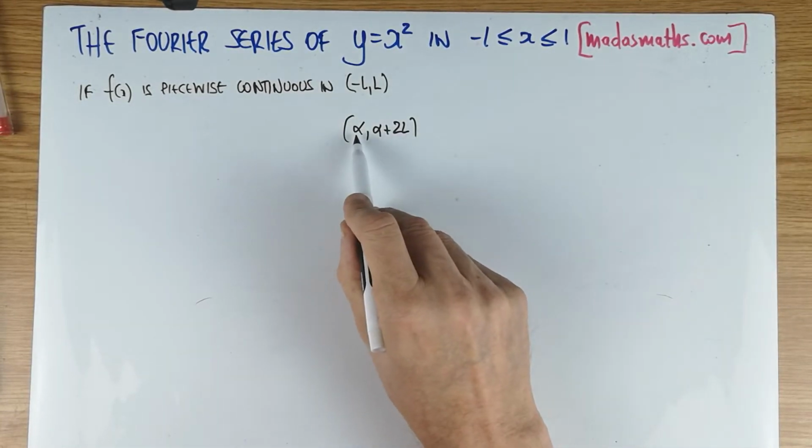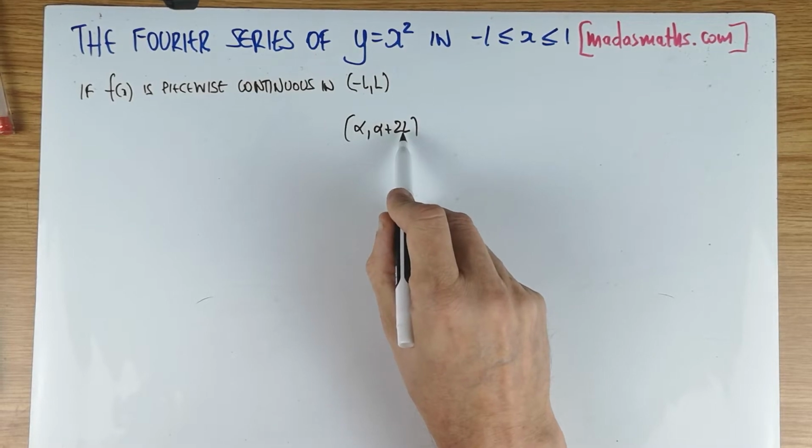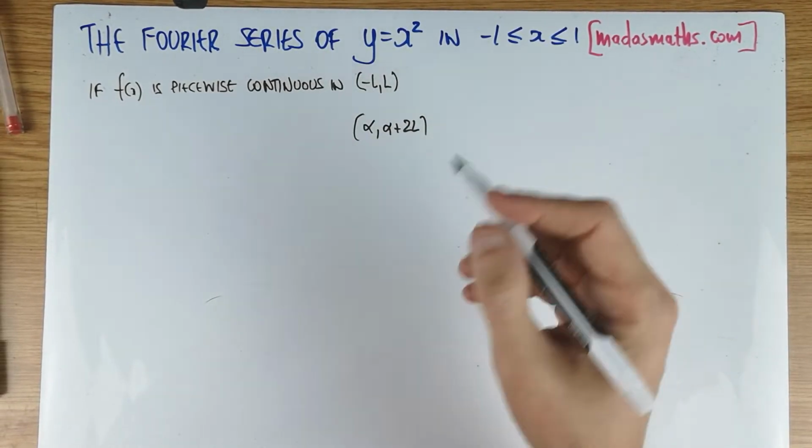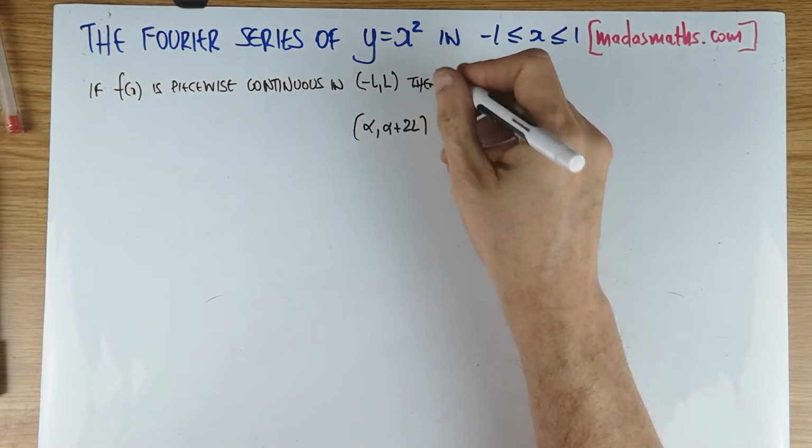So basically it could be anything, and this L represents the half period. But normally we pick symmetrical, that's what I was saying earlier on. And then the following thing is true.